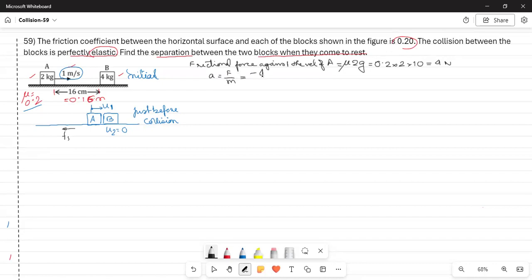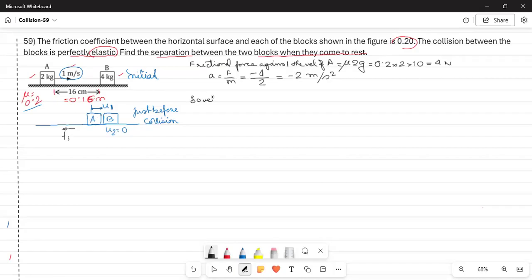So force is 4 Newton by mass 2 kg, equal to minus 2 meter per second square. Fine. So the acceleration of A is known.